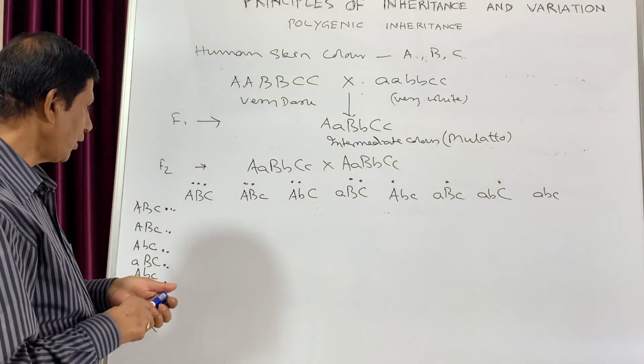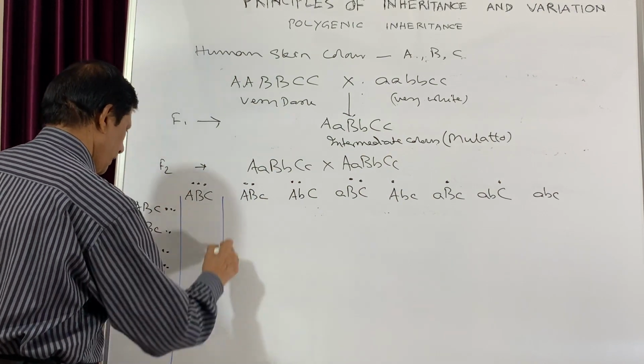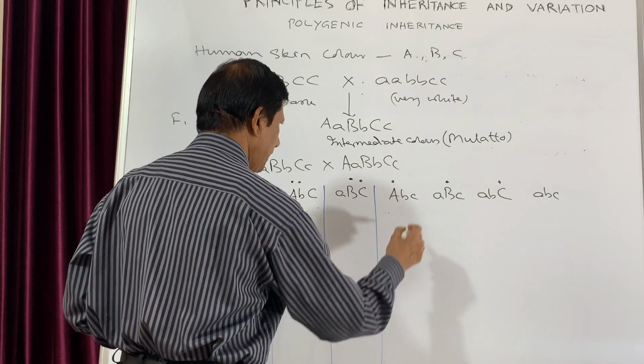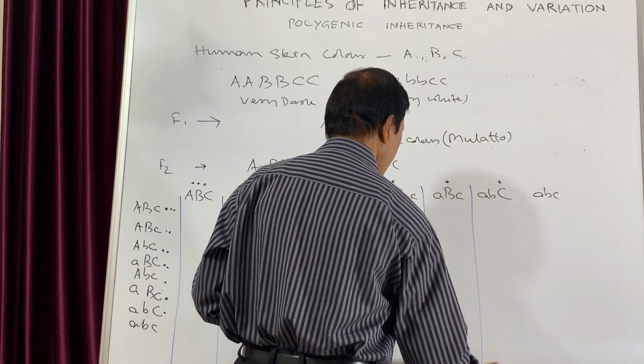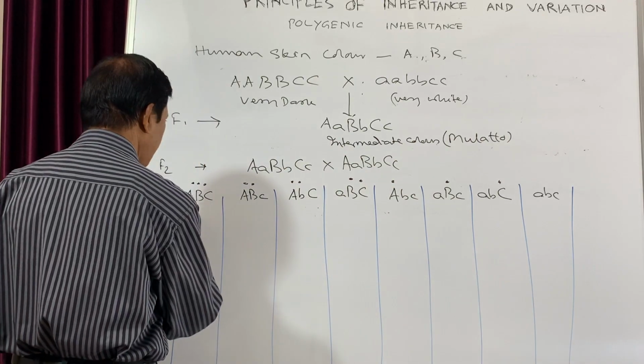Now, if the checkerboard is drawn, we will not write all those things because it will take around 5 minutes and is not necessary, but I am simply explaining it to you.